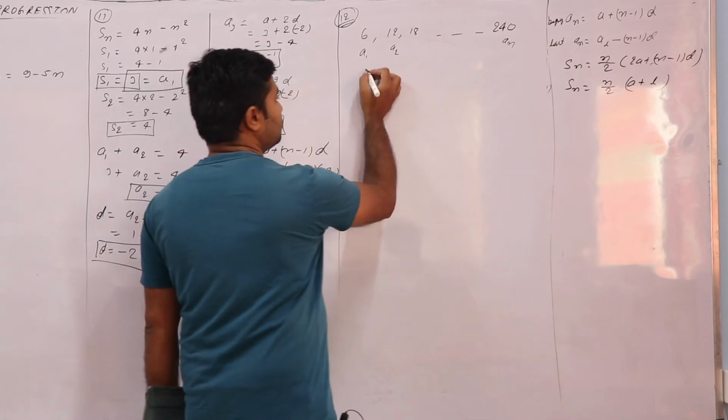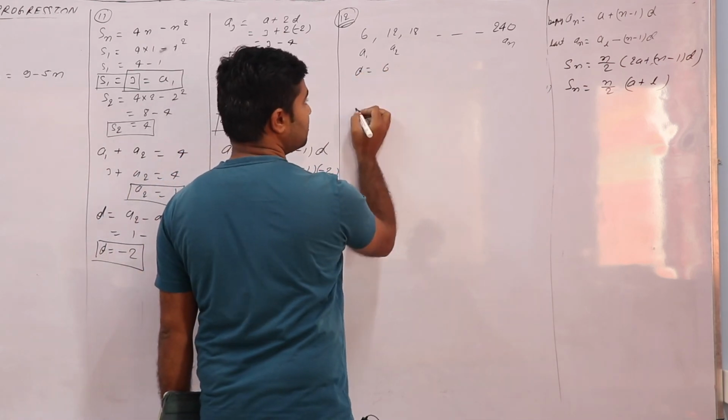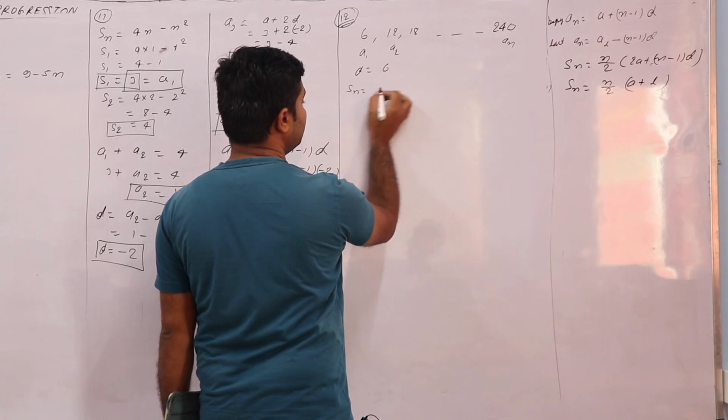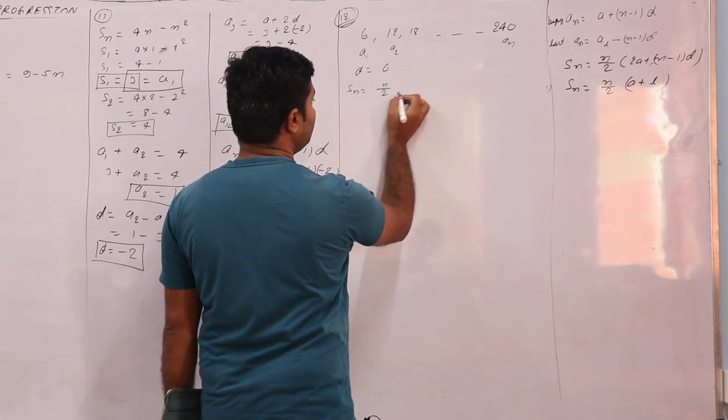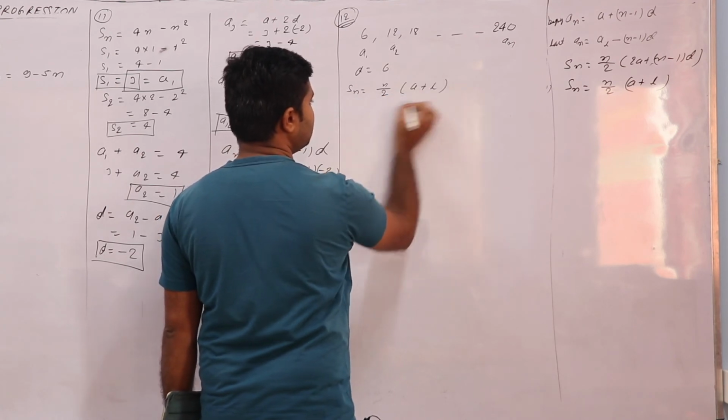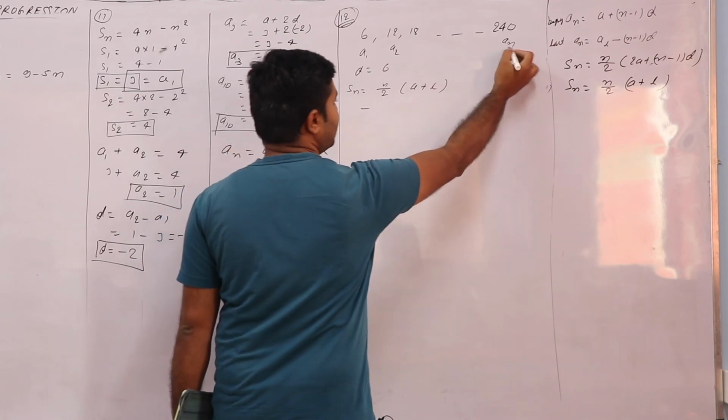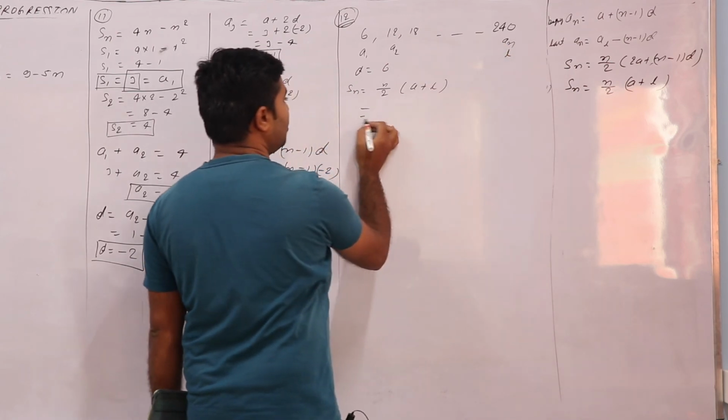So here D is how much? 6. So Sn is equal to n by 2 into A plus L, right? Because we know the last term, so why apply the long formula?